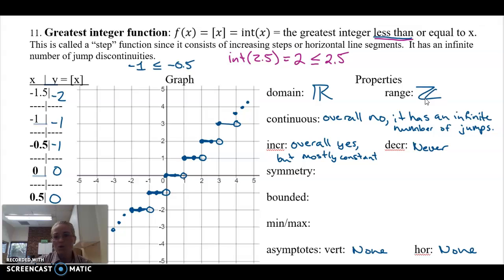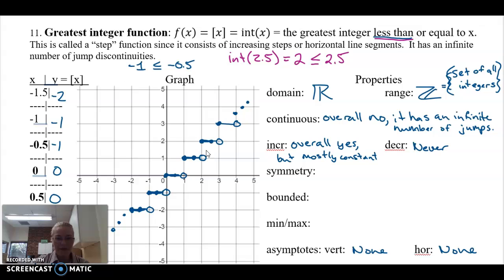Bold Z is the set of all integers. If you ever see a bold Z, it's from a different language, the set of all integers. So my range is the set of all integers.